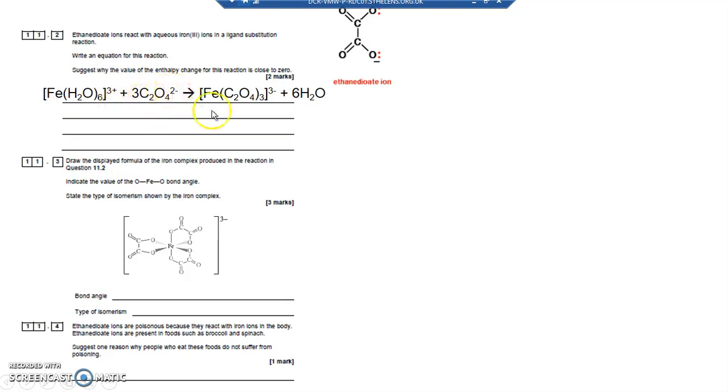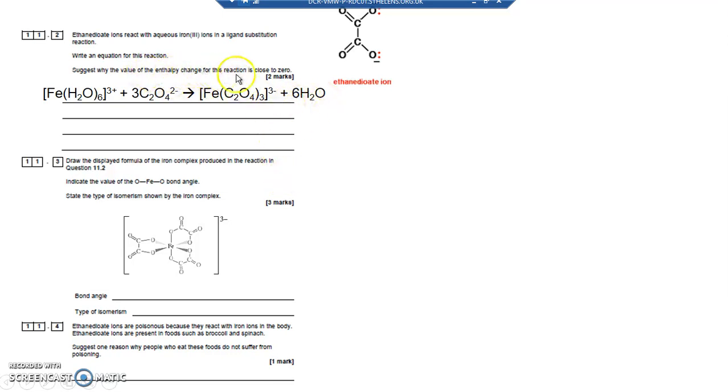These are 2 minuses each, and I've got 3 of them. So 2 minus multiplied by 3 is 6 minus. 3 plus for the Fe, 6 minus for the 3 ethane dioate ions leaves 3 minus overall. So it balances: 3 minus on the left hand side and 3 minus on the right hand side, and 6 water.